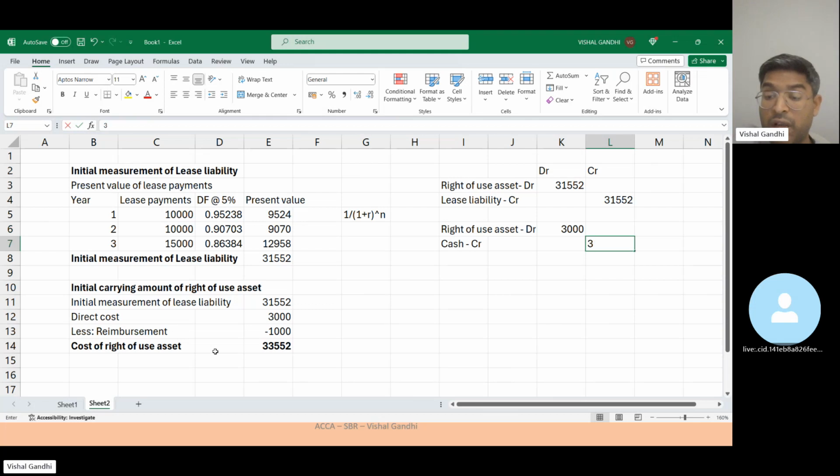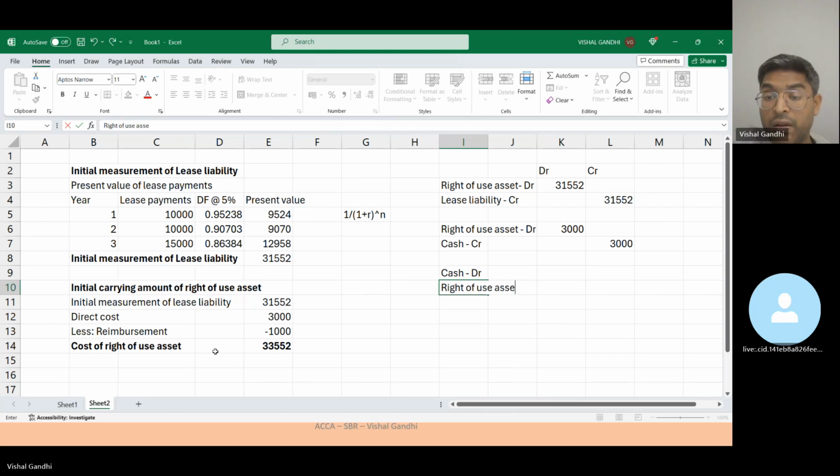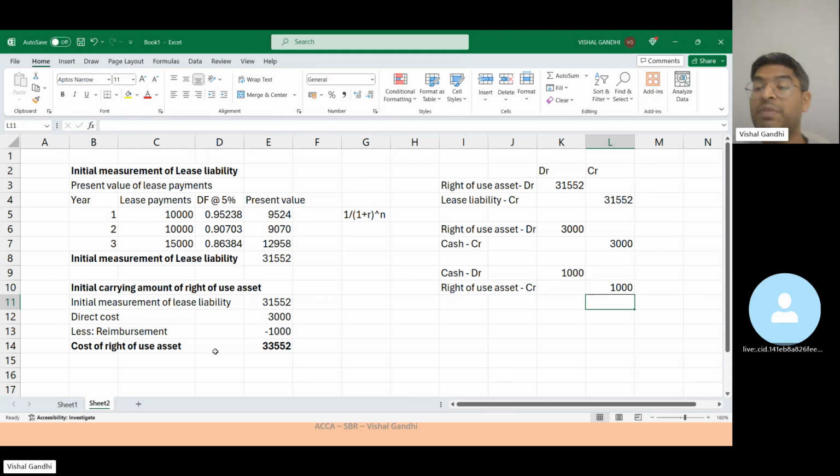So we can do this 3,000, but then we receive a reimbursement, so we will reduce that amount. So cash debit, and the value of the asset will reduce, right? So we'll credit the right of use asset 1,000. These will be the initial journal entries that we need to record.